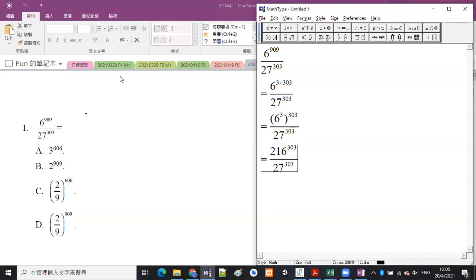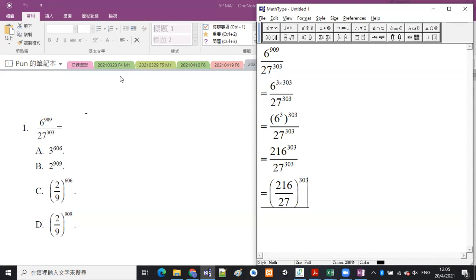Okay? Can you see what I have done here? From the very first step to this step, I have changed the index of the two numbers to be equal. And then I can use the laws of index now. I can take out their index. It becomes the fraction 216 over 27, and then together to the power 303. Until they have the same index, we can take out the index which is originally shared by the numerator and the denominator.